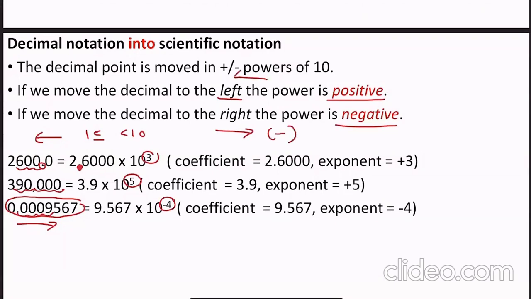If we move it to the left, my exponent is going to be positive. This rule only applies if you're going from decimal notation to scientific notation. It does not apply to both.